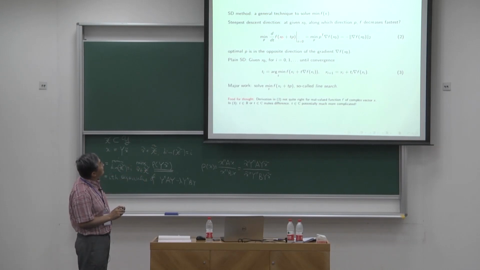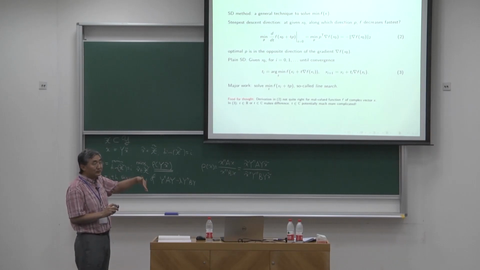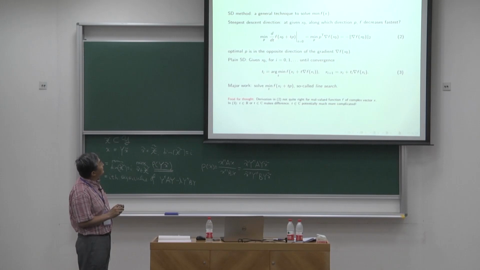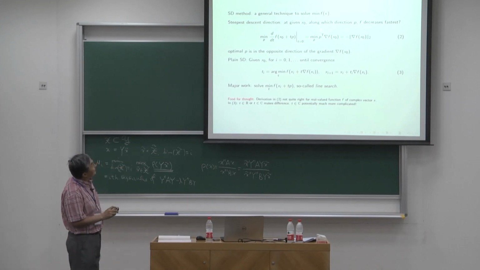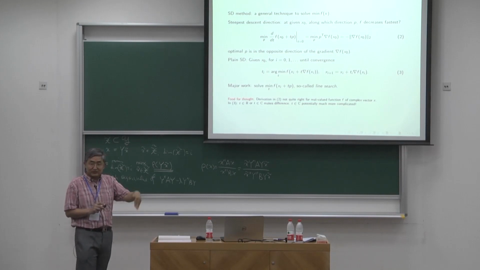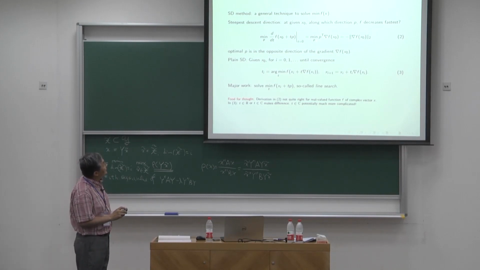So let's say we're at point x0 and we're moving along direction p. How fast are we moving? You take the derivative over t, at t equal to 0, that's at this particular point, and we look at which direction we go. We want to minimize over p because we're looking for the direction where the function decreases the fastest. Basic calculus shows that this derivative at t equals 0 is p transpose times the gradient of f at x0.